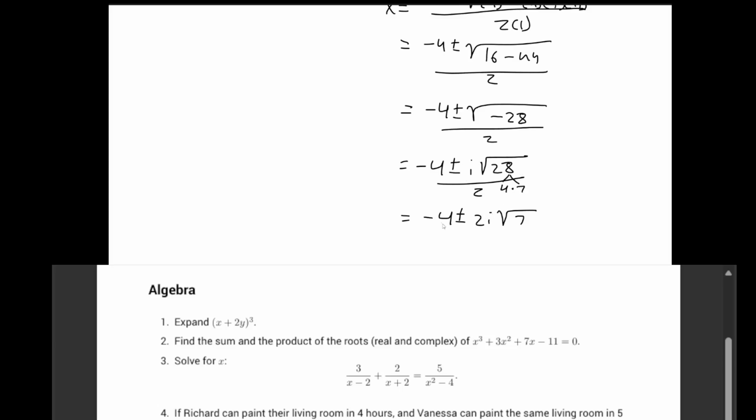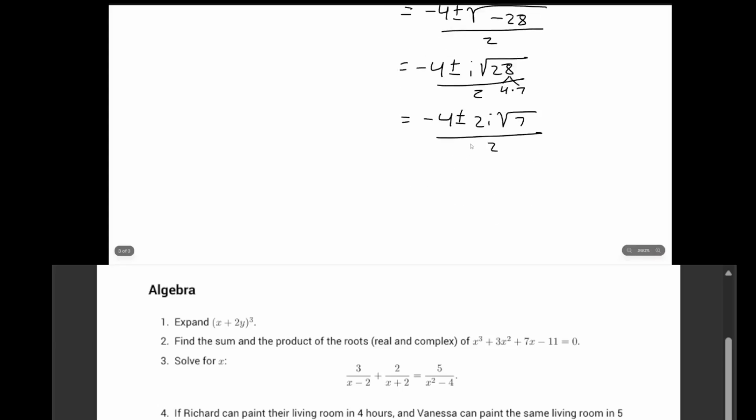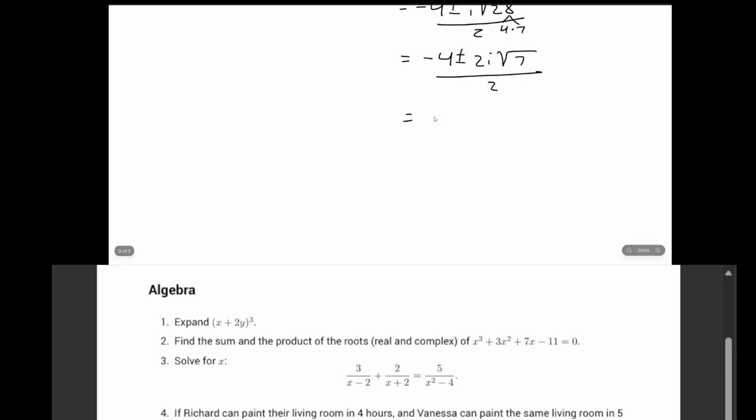So this will be 2i root 7 over 2. Then we'll get negative 2 plus or minus i root 7. So now we have our 3 roots here: x equals negative 2 plus i root 7, negative 2 minus i root 7, and 1.